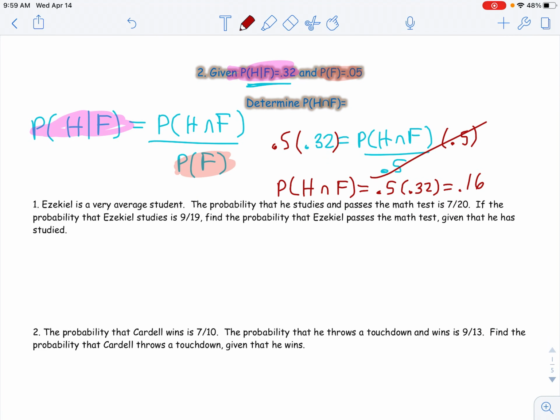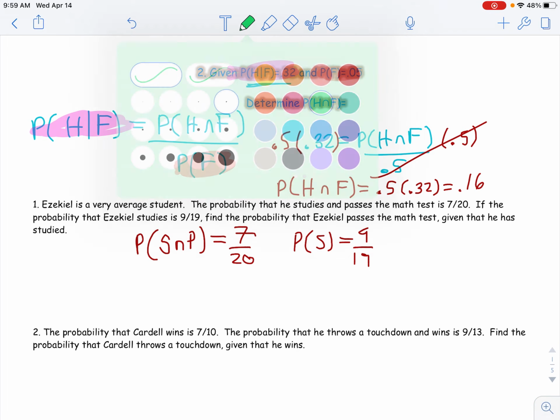Ezekiel is a very average student. The probability that he studies and passes the math test is 7/20. The probability that he studies is 9/19. Find the probability that Ezekiel passes the math test given that he has studied.